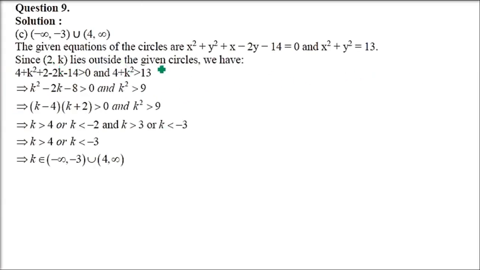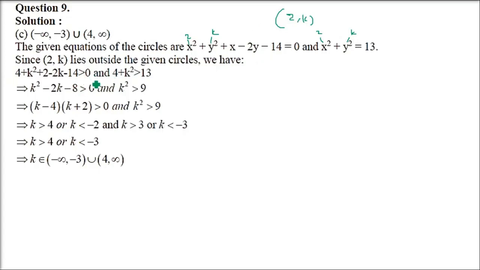In order to solve this, if the point is outside, just put x as 2 and y as k in both these equations. Since 2, k is lying outside the circle, we'll take it as greater than 0.